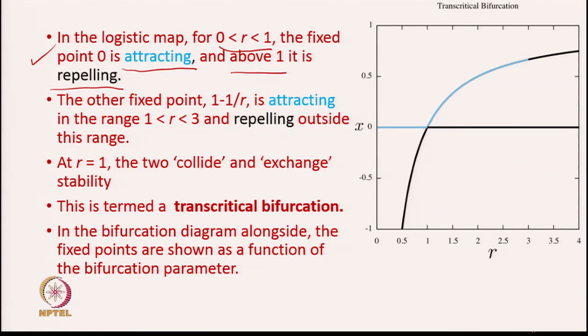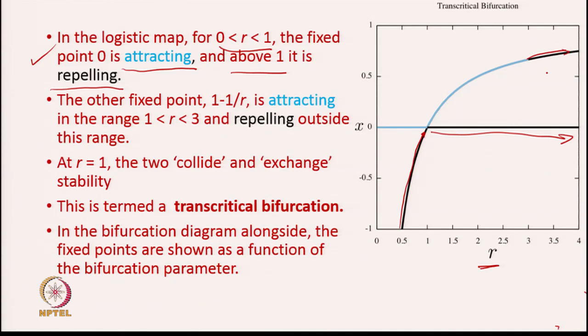Notice that on the x axis over here I have the parameter r. So, the 0 fixed point is stable from r going from 0 to 1, and it is unstable after this entire range. The second fixed point is unstable for r going from 0 to 1, and it is again unstable for r bigger than 3, but in this region it is stable.